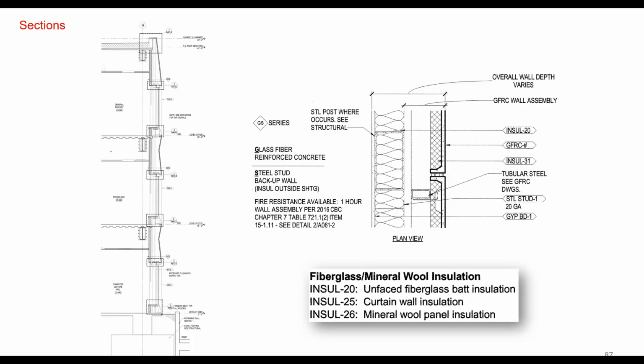And in this case, you'll probably dig down and start looking at section drawings, right? This gives you a much better idea of what's actually going on with your assembly. So you've got steel studs, you've got insulation in between your studs, inside of a secondary rain screen type system.